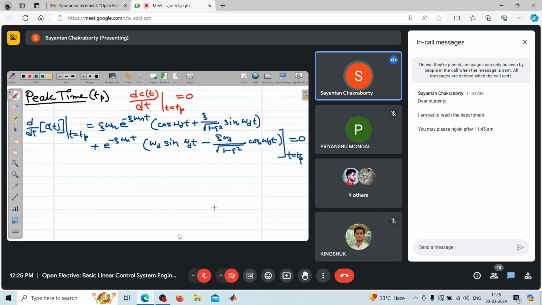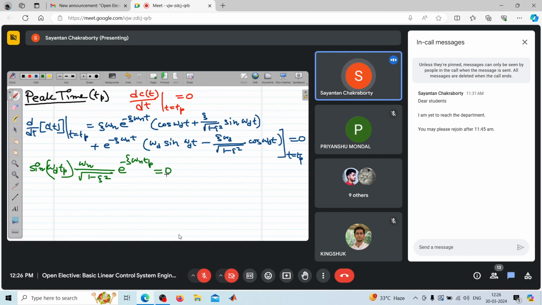So if you now put t equal to Tp, and after certain manipulation and equating this to be exactly equal to 0, you'll find out... It will need a little bit of manipulation. After doing that, by putting Tp equal to 0, you find out that Tp, omega n root over 1 minus zeta square, this will come.